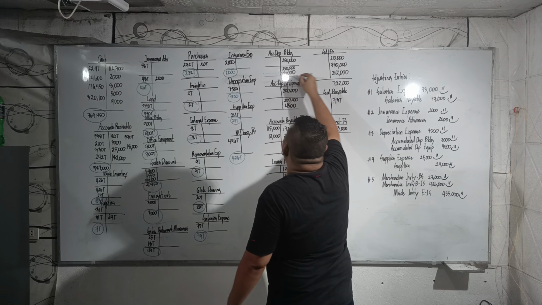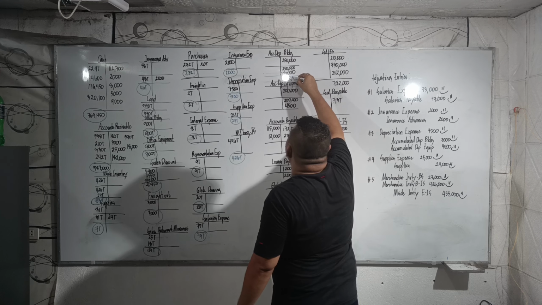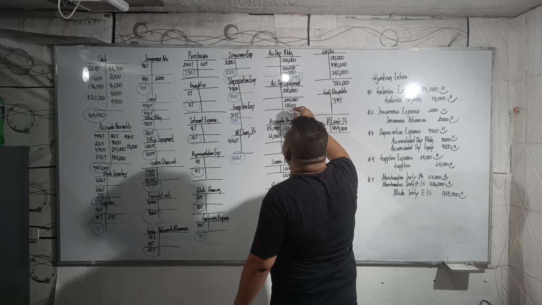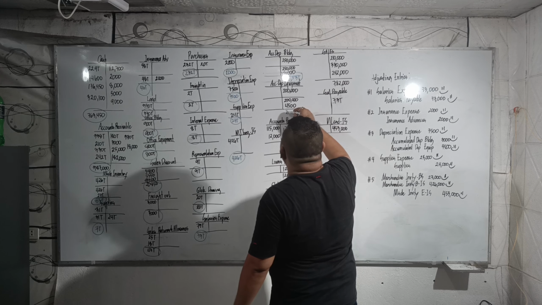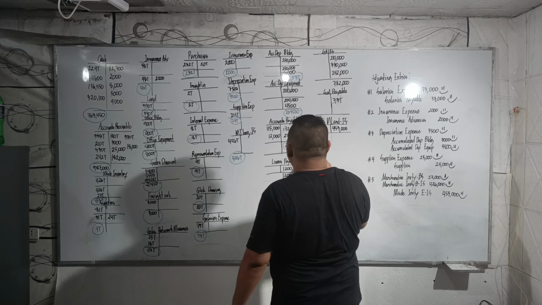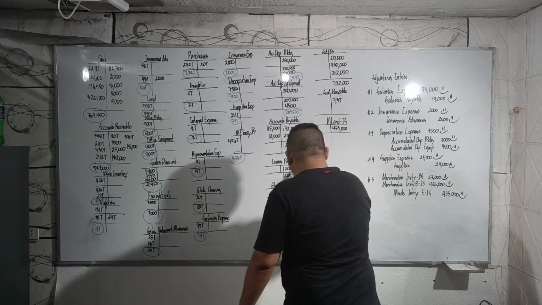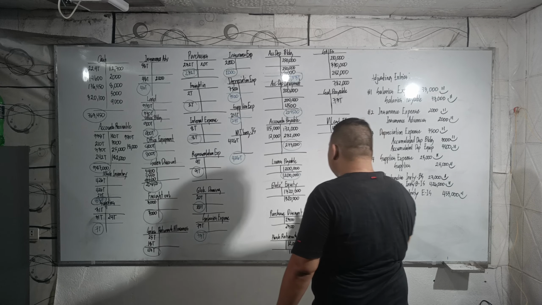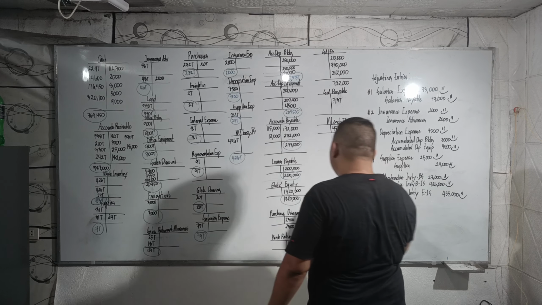The accumulated depreciation for building is now updated to 253,000. And the accumulated depreciation for equipment will become 204,500. The accounts payable is still 277. The loans payable is still 1,200,000. The equity is still 1,320,000.